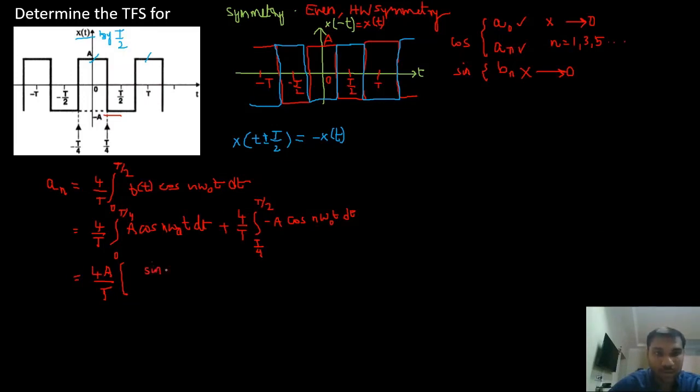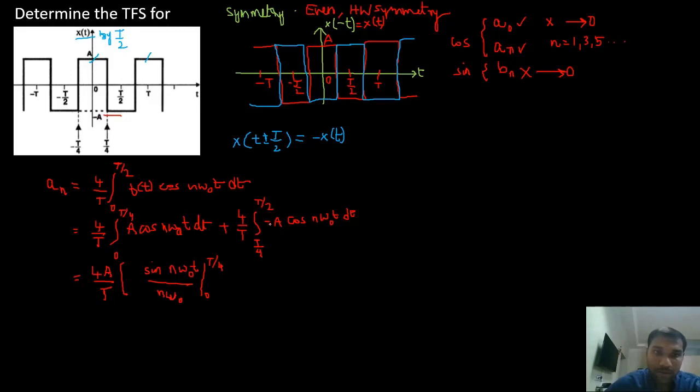So sine n omega naught t by n omega naught with the limits 0 to T by 4.